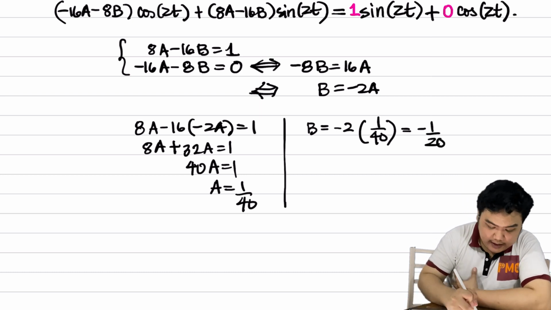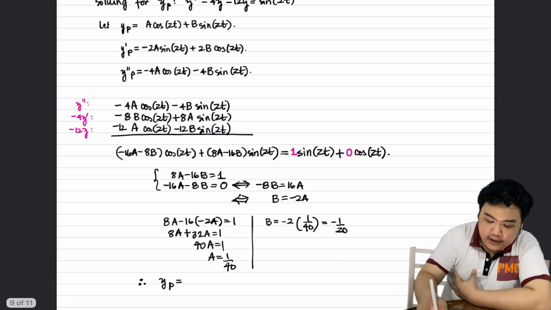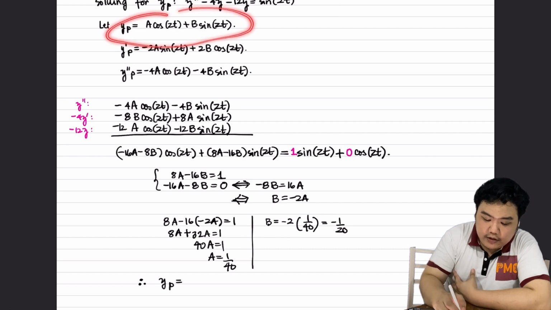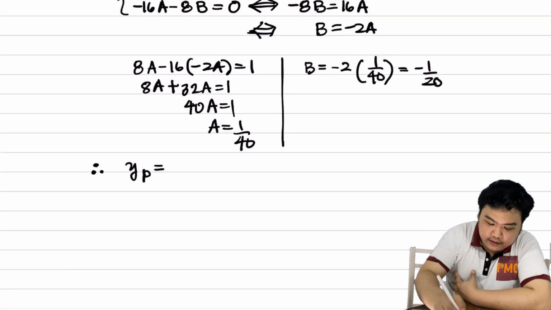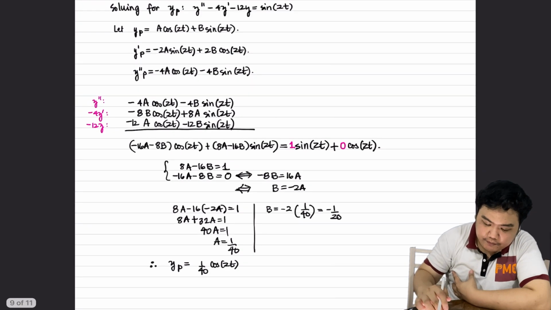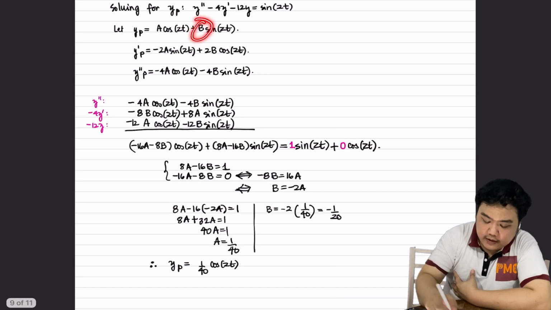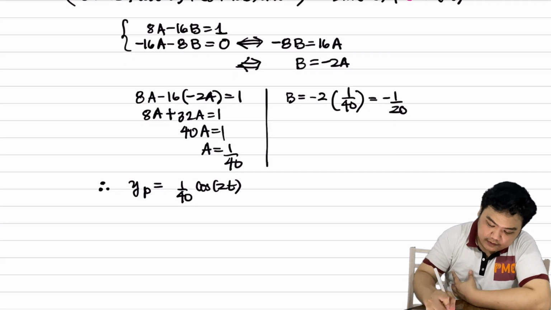You now have A and B, so you can compute y sub p. What is y sub p? You go back to what you let it be. So, you plug in A and B. A is 1 over 40 cosine 2t, and B, that's the form it looks like, negative 1 over 20 sine 2t.